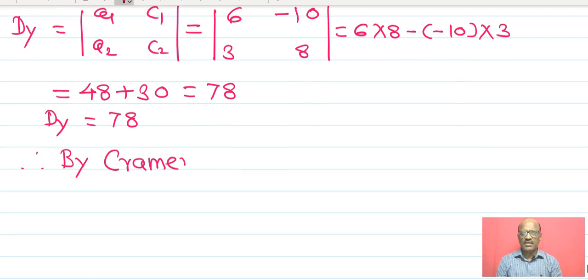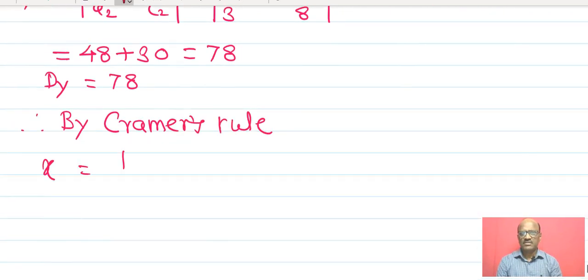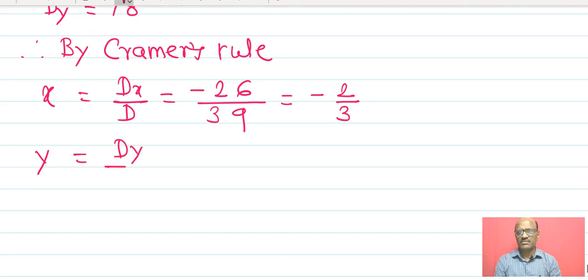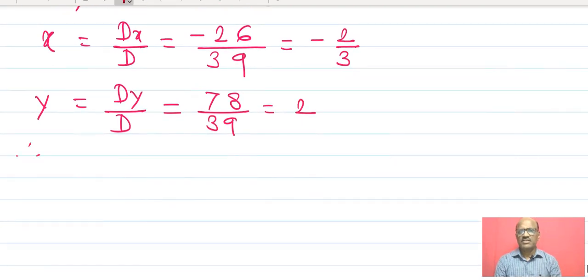By Cramer's method, rule or method, x is equals to Dx upon D and y is equals to Dy upon D. Therefore minus 26 upon 39, that is minus 2 upon 3. And y is equals to Dy upon D, that is 78 upon 39. 13 division there, that is 39 directly.